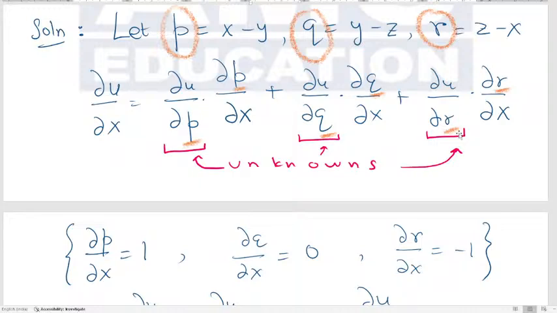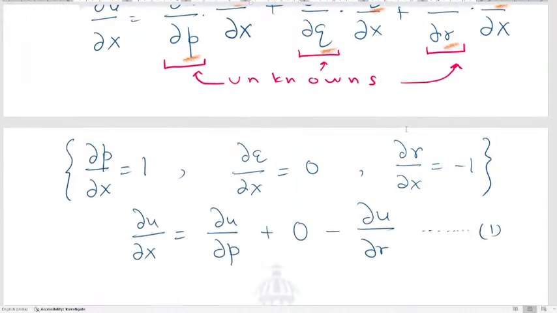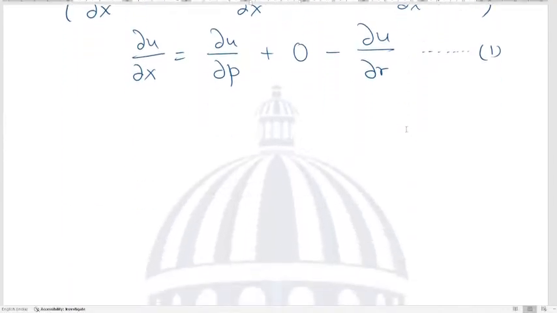And we'll substitute these three values in the second row. The second row, again, let's repeat it, is a result of total derivatives. Substituting, we get the first equation here as ∂u/∂x is equal to ∂u/∂p minus ∂u/∂r.